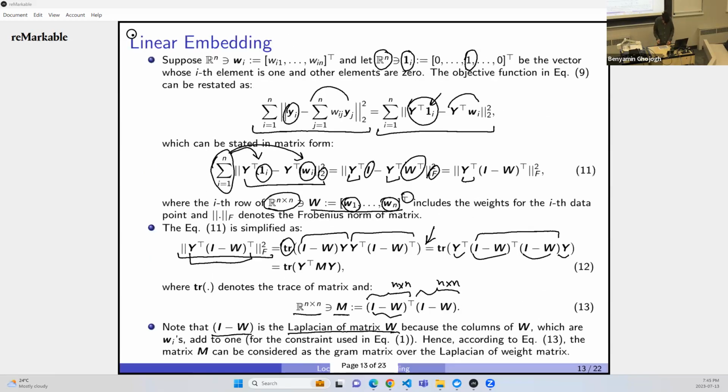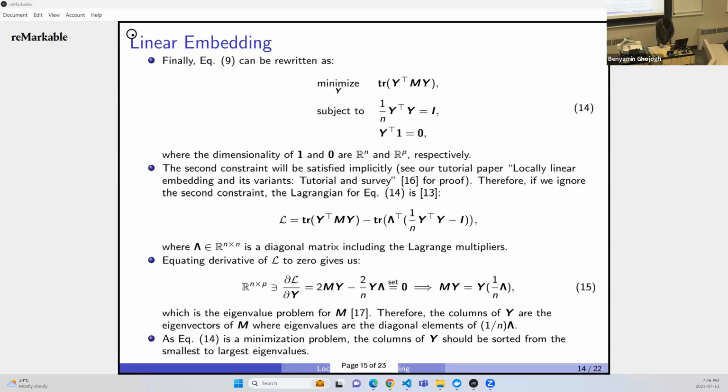Let's see what we found. So we simplified the cost function in the third step. It became trace of Y transpose M Y. Here it is. Also, I write the constraints that I had in matrix form. So 1 over n, Y transpose Y equals I, the identity matrix, and Y transpose 1 equals 0, right?